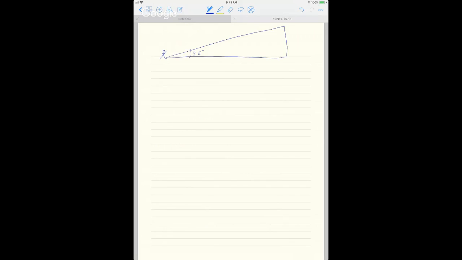And then they walk 1 kilometer this way, 1 kilometer, and they measure again. And they get 4.2 degrees. Now, clearly this picture is exaggerated for scale. These angles are much bigger, but I hope you see the point there.